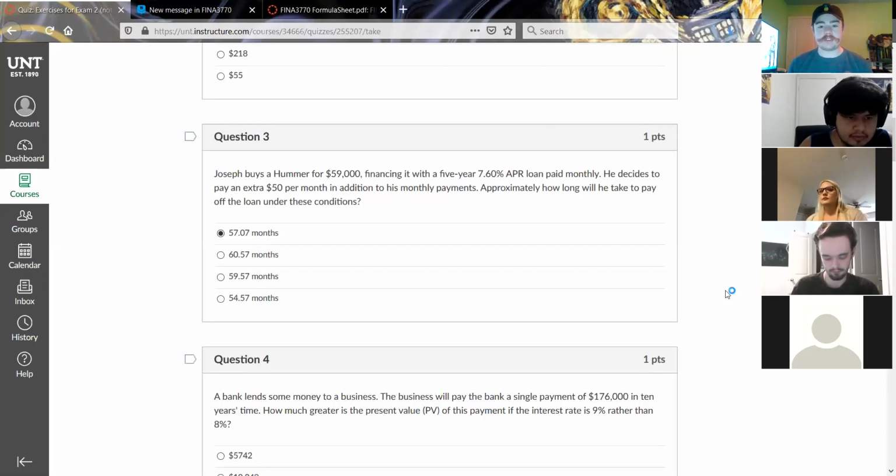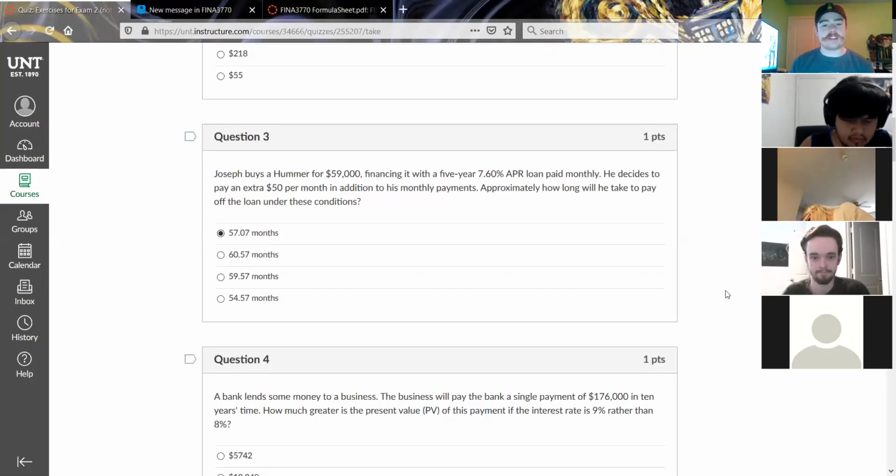For the interest rate, because it gives you the yearly APR of 7.6, you divide it by 12, which gives you 0.6333 repeating. For the present value, it's 59,000, and your future value is 0 because he's paying it all the way off.